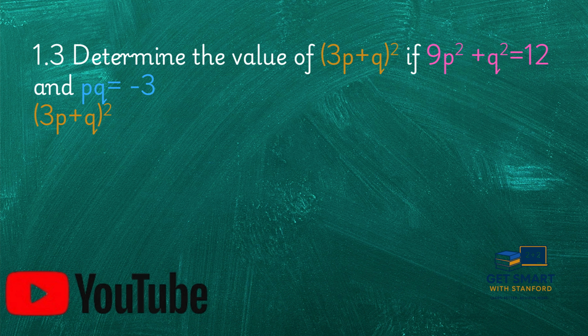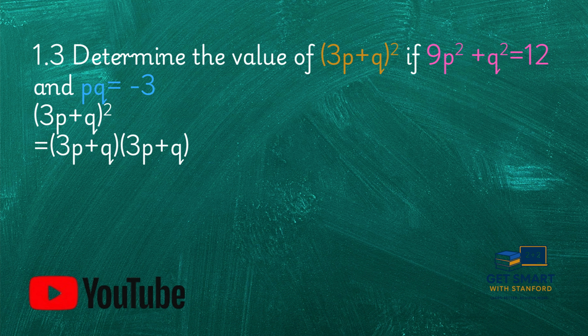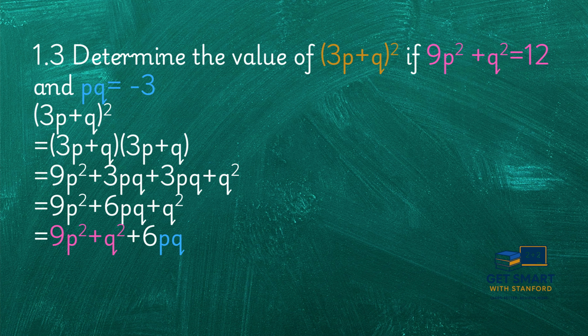Here we first expand (3p + q)² and apply the BODMAS rule, that is removing the brackets first by multiplying out. We will then rearrange to have 9p² + q², which I highlighted in pink because we were initially told that it's equal to 12, and 6pq is added onto it.